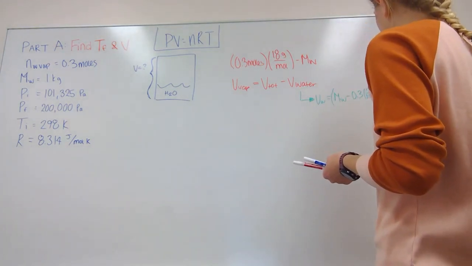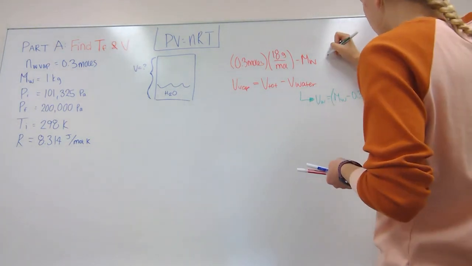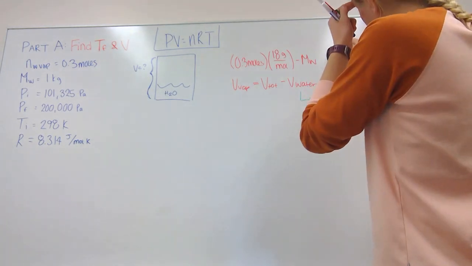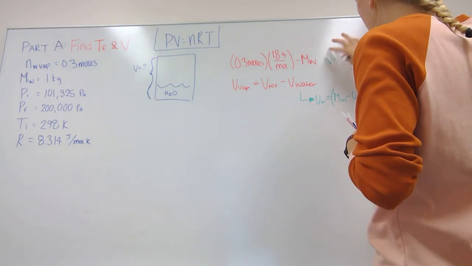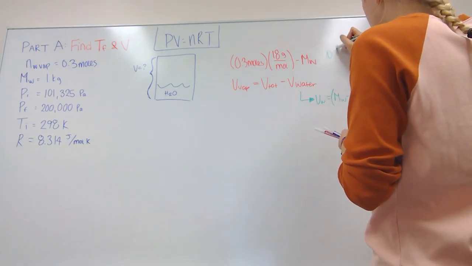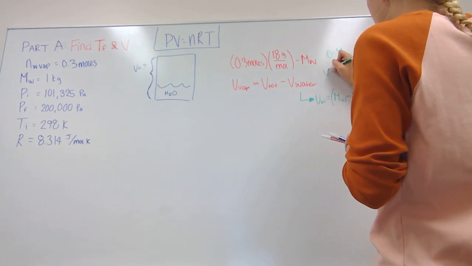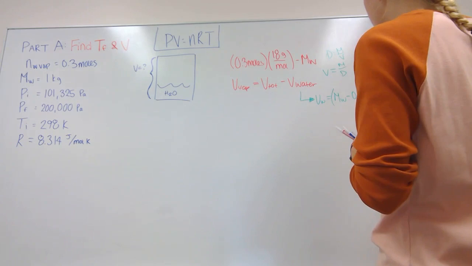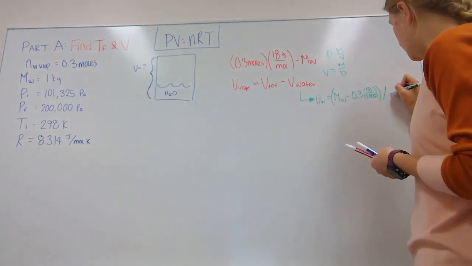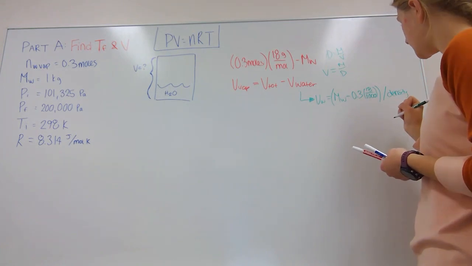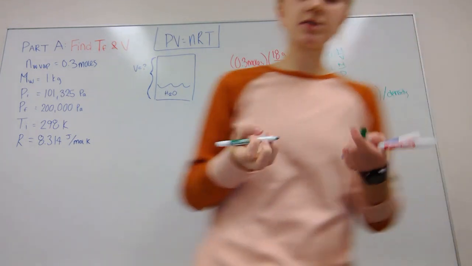And then we're going to divide it by the density to get the volume. We have our density is mass over volume, which means volume is mass over density. So we're going to do the density, and it's going to be just like that.